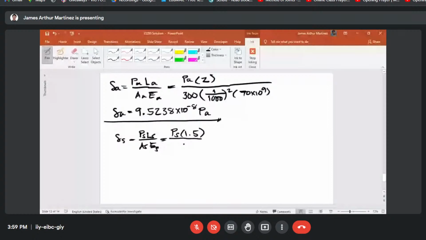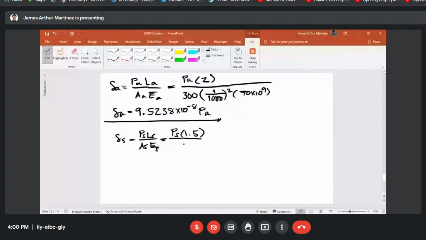So now the deformation of steel as a function of the internal reaction of steel would be 1.5 over 900 times 1 over 1,000 squared times 200 times 10 to the power of 9. Okay, so we have 8.333 times 10 to the power of negative 9.